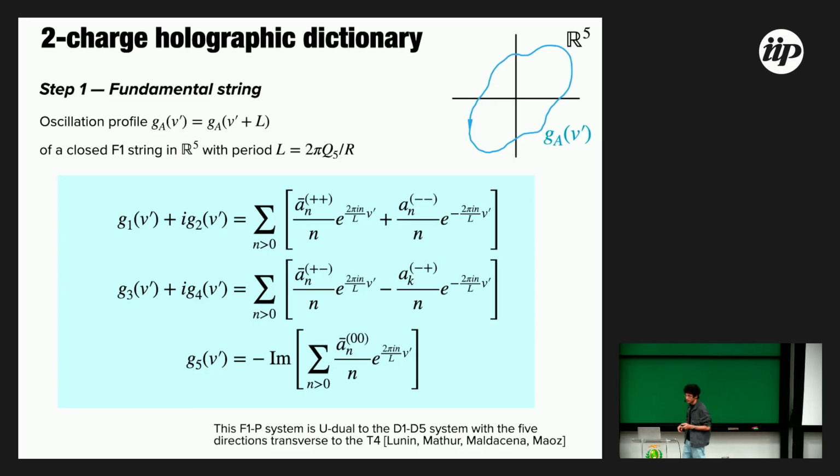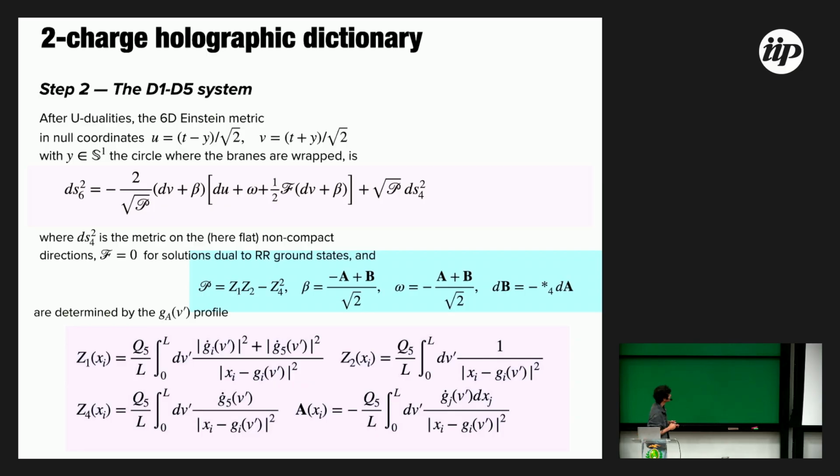Okay. So you take this thing and you apply STU dualities of string theory. If you apply a U duality, that system goes to the D1-D5 system with a metric in 6 dimensions given by this.